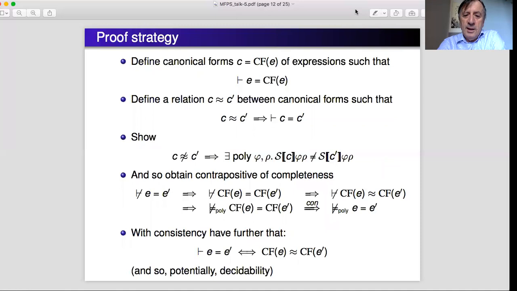Since equivalence of canonical forms is in the middle of that implication chain, and the last part you can make a circle using consistency, you have further that E and E prime are provably equal if and only if their canonical forms are equivalent. Now, the lemma that says you can get the canonical form is effective. So once we can show the canonical form is equivalent, then we would also get decidability.